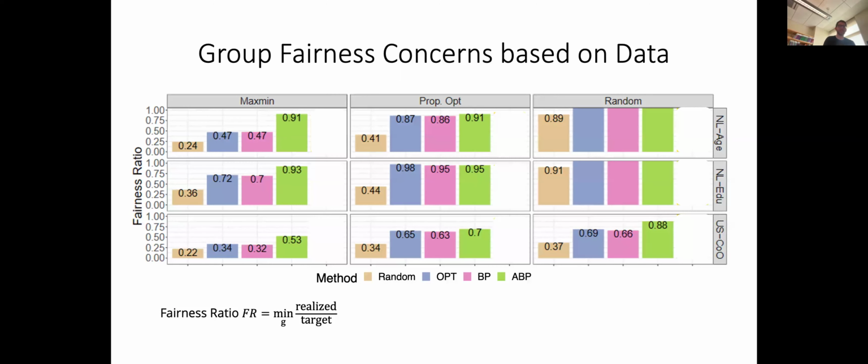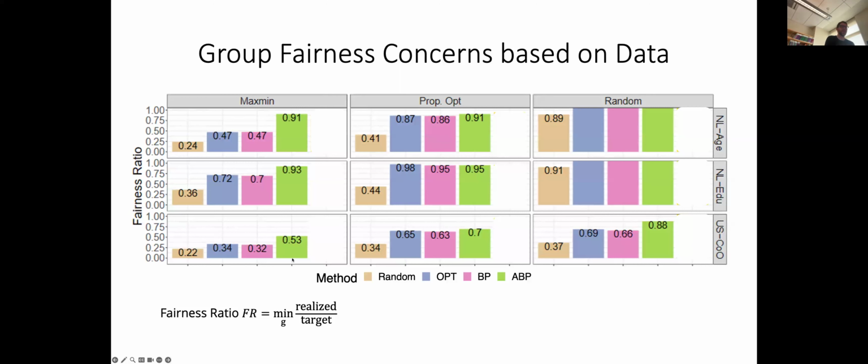In the US, where groups could be a lot smaller, it's a mixed bag. It's definitely better than the other methods we've seen so far, than randomly assigning or than the bid price control that does not take into account fairness considerations. But it's not exactly good.